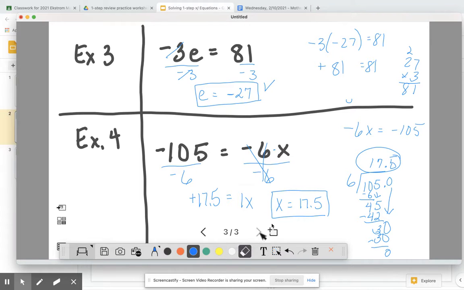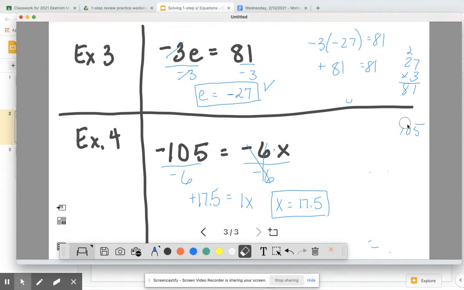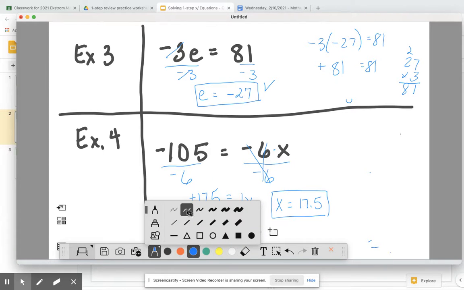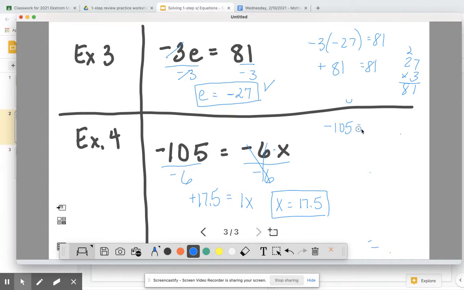Okay, I need to do my check workout over here. All right, so I need to make sure that negative 105 is the same as negative 6 times 17.5. 17 and 5/10. I'm going to do that out over here. 17 and 5/10 times 6.